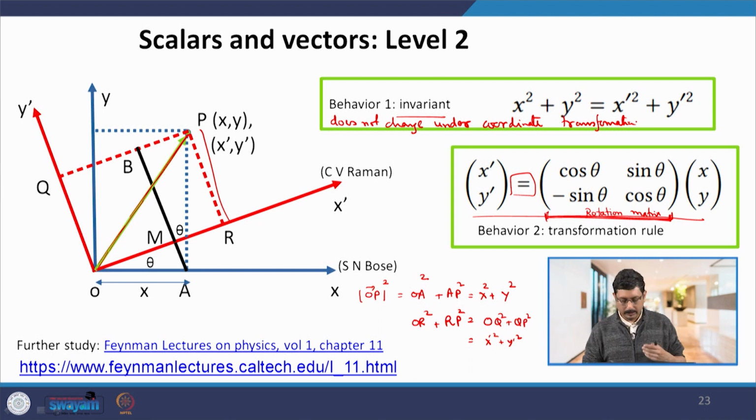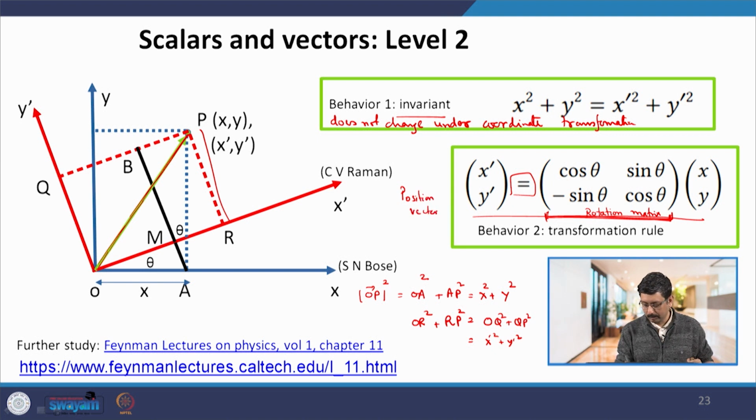There are some quantities, for example, the position vector, which has two components, the x component and the y component, and they do change.